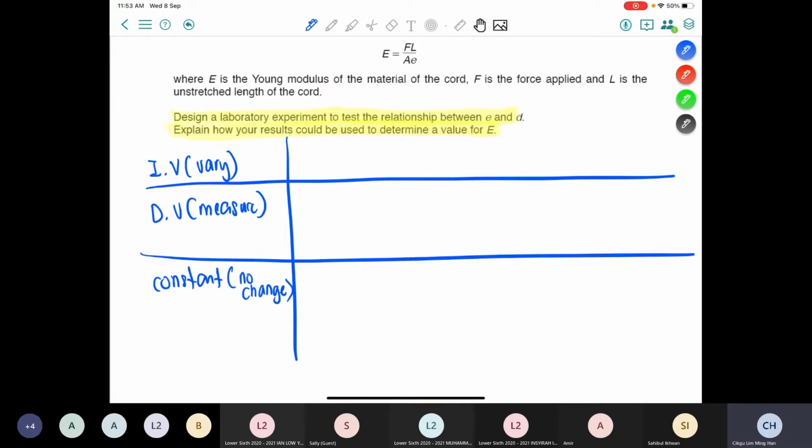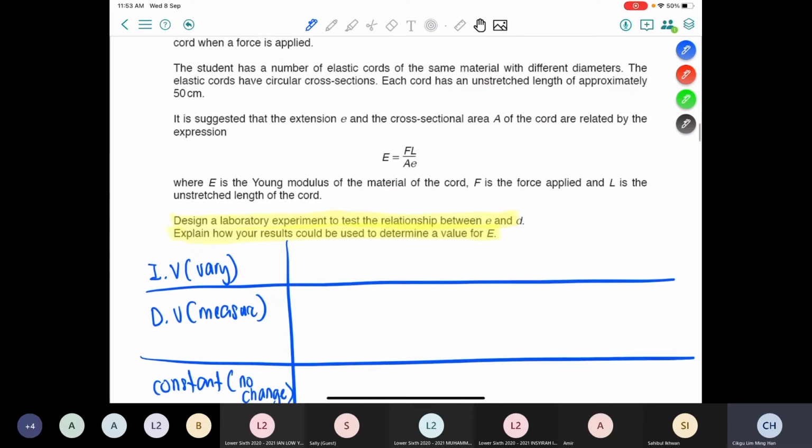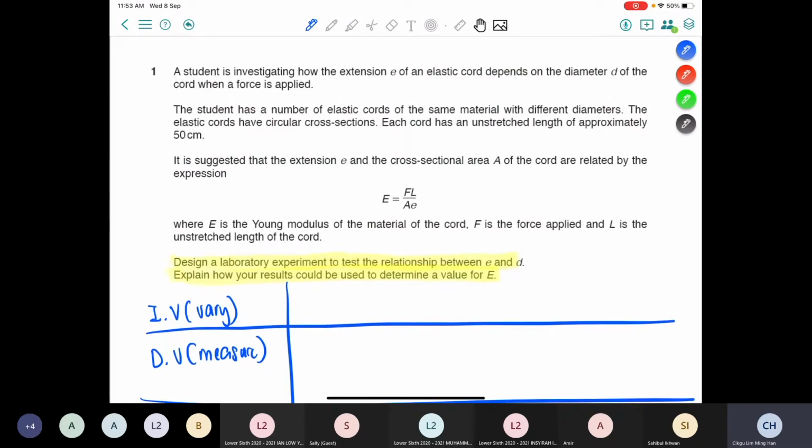Right, so another, there's a bit more, lah, you read first, lah. Yeah.